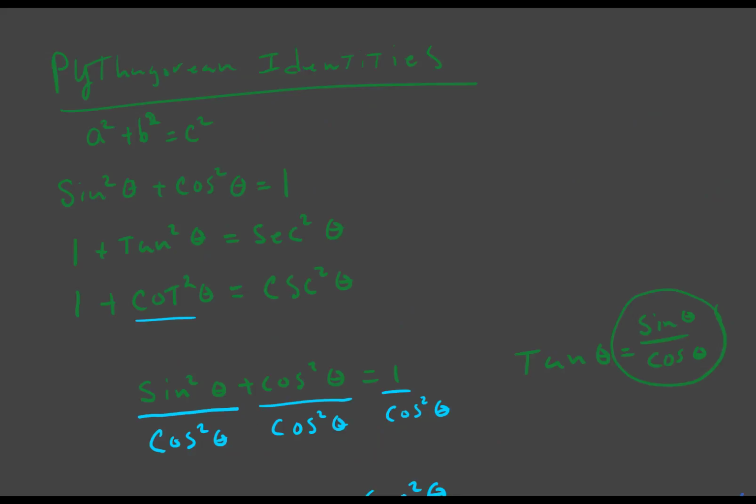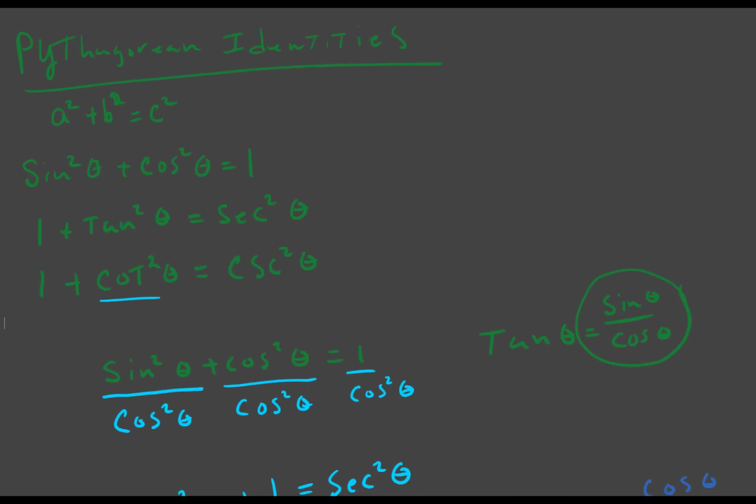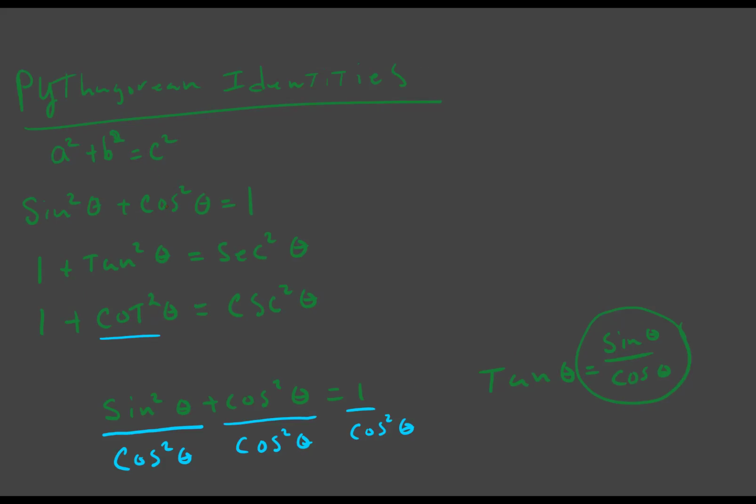Now, what if we had a problem that didn't look quite like this? I want you to also realize that we could derive two other identities from each of these. In the case of this first one, what if we subtracted cosine squared from each side of this equation? We'd end up with sine squared of theta equals 1 minus cosine squared of theta.